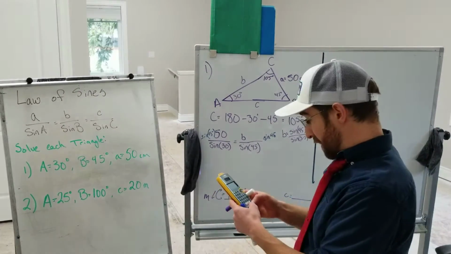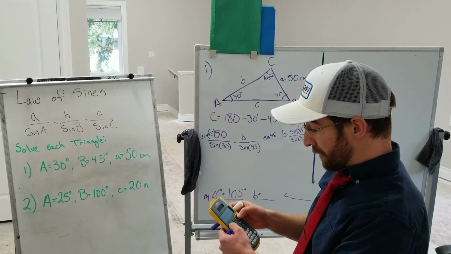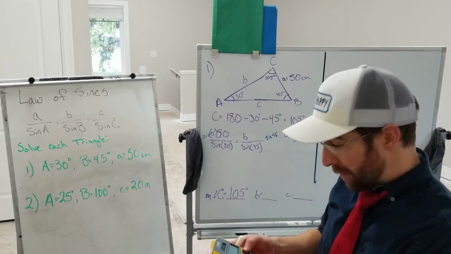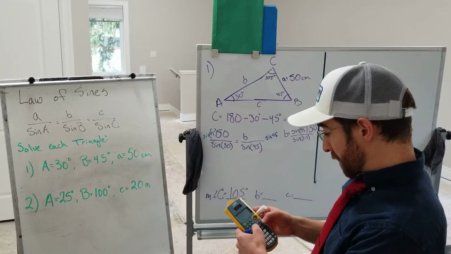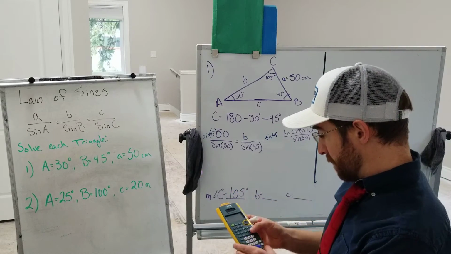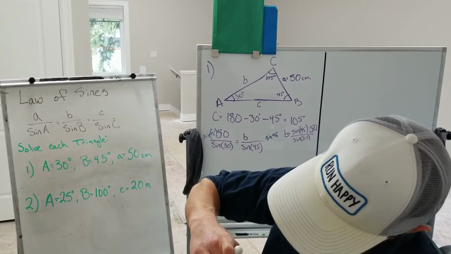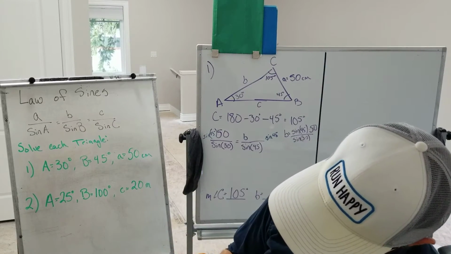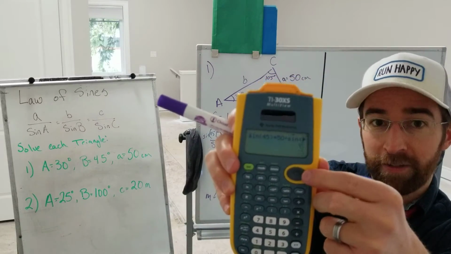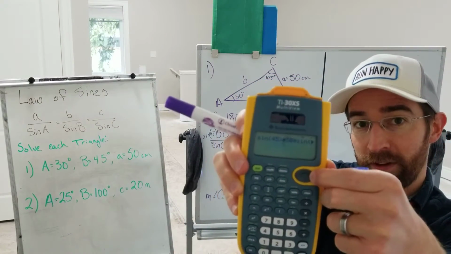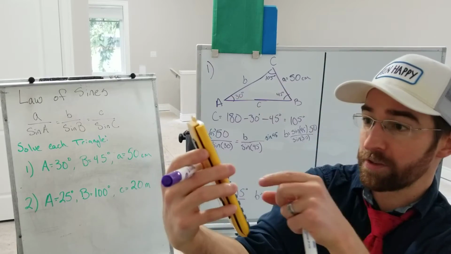So I'm going to go sine of 45, making sure I'm in degree mode, because we're talking about degrees. Sine of 45 times 50 divided by sine of 30. Hopefully that scrolls all the way over.